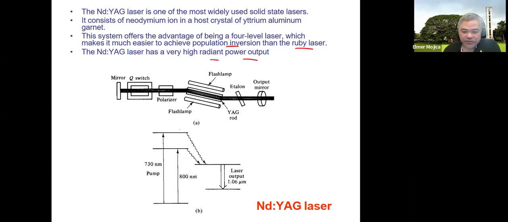So if you look at the laser that you have here, okay, you have a mirror here, a fuse switch, and then you have the polarizer, and then there's a flash lamp. So there's a YAG rod that you have there. Okay, so this is where you generate what we call the laser.